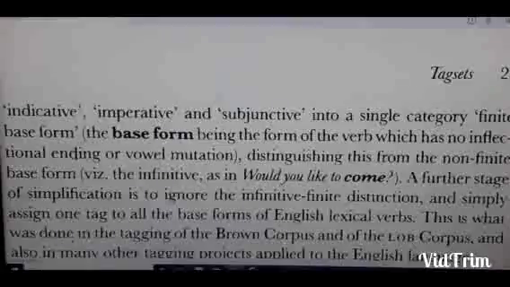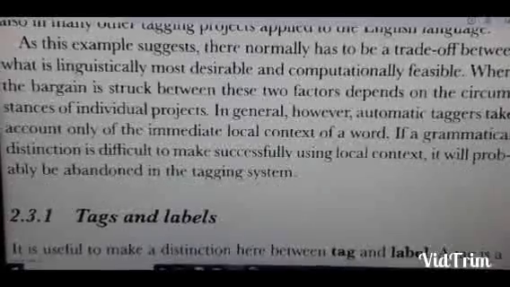A further stage of simplification is to ignore the infinitive finite distinction and simply assign one tag to all the base forms of English lexical verbs. This is what was done in the tagging of the Brown corpus and of the LOB corpus, and also in many other tagging projects applied to the English language.